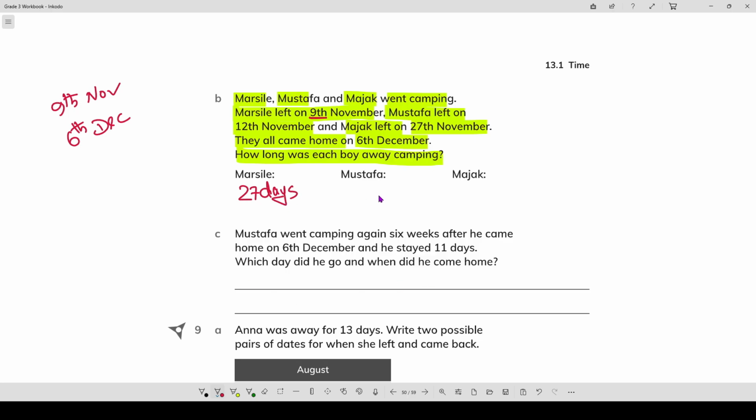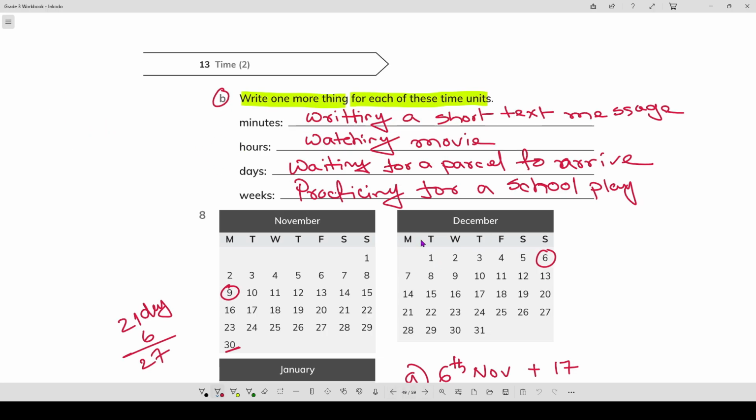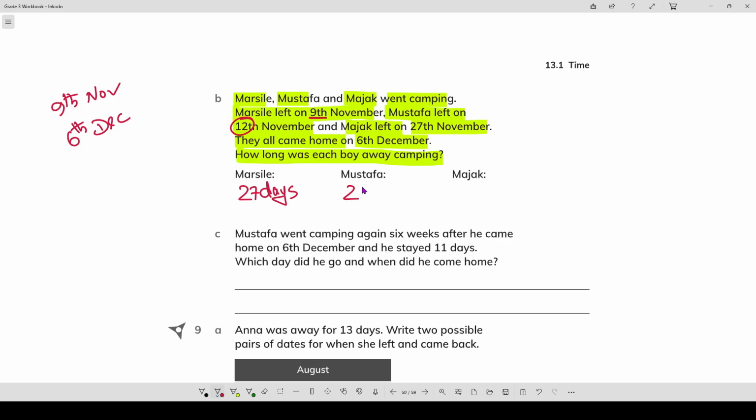Mustafa left 12th November. 30 minus 12 is 18, and plus 6 means 24 days. So Mustafa, 24 days. Marjuk, 27 November. 30 November minus 27 is 3, and plus 6 December means 9 days. Okay, very simple. So number B done.